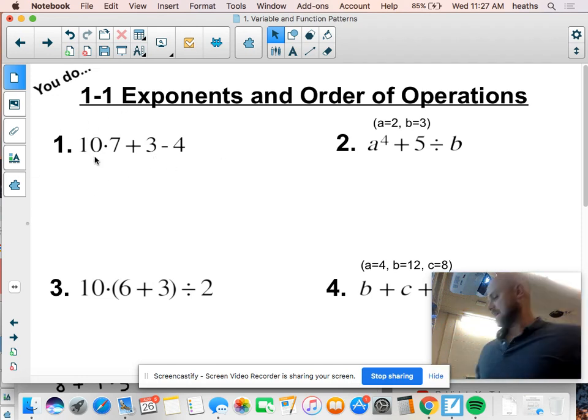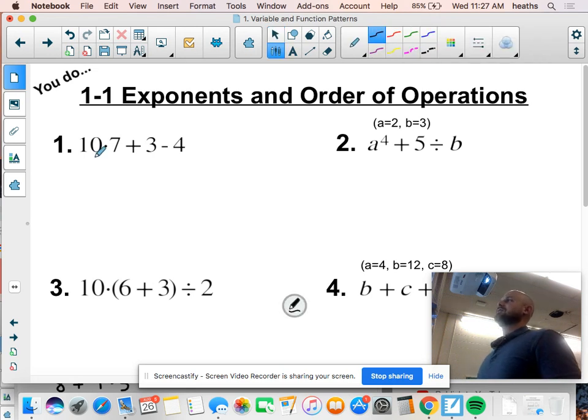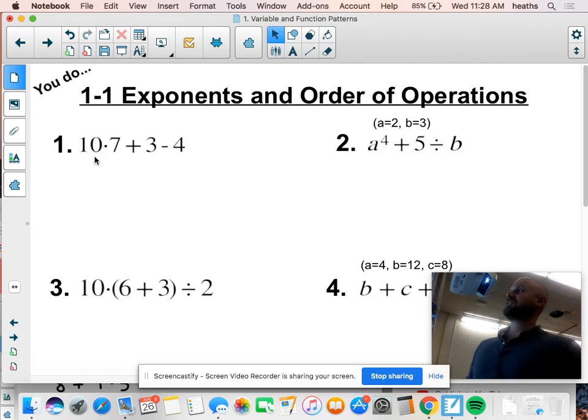So here we go. 10 times 7 plus 3 minus 4. We have a multiplication, addition, and subtraction portion of this problem. And we know that we have to follow our order of operations, and there is no parenthesis or exponent showing in this problem.